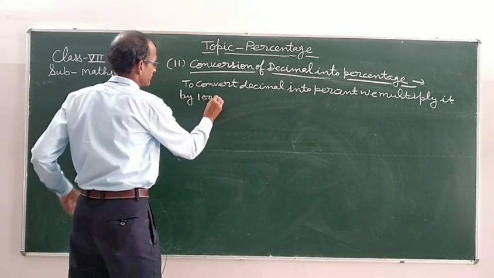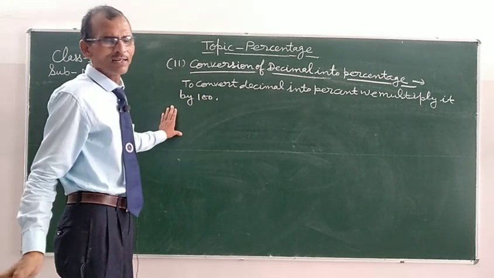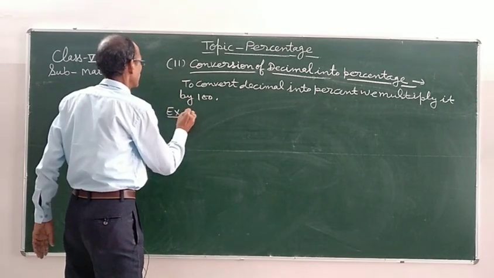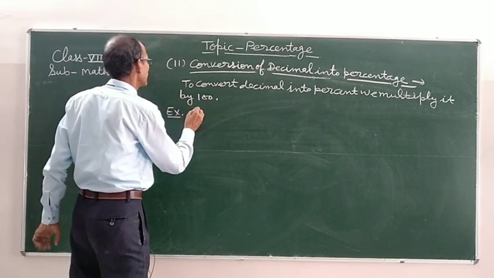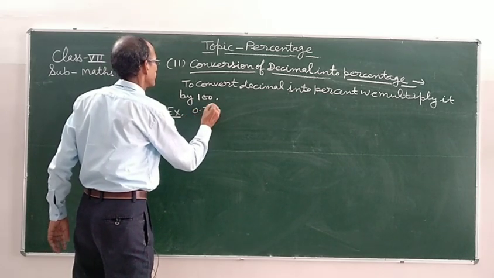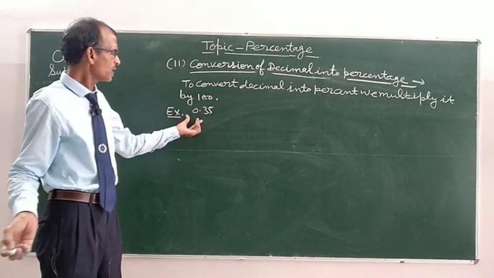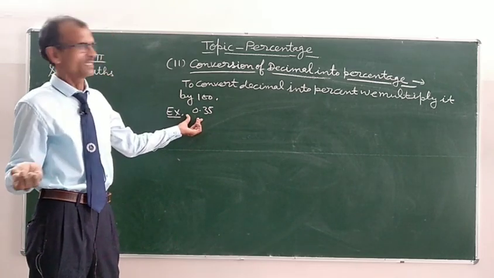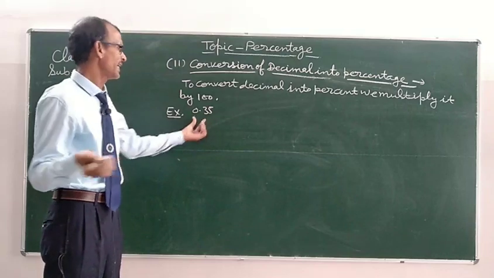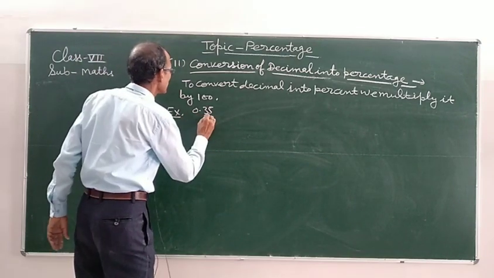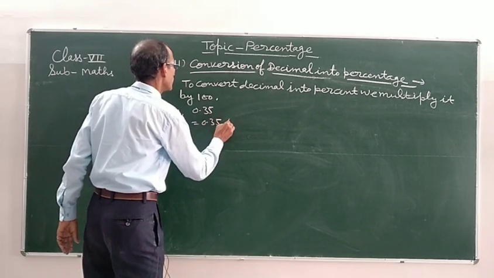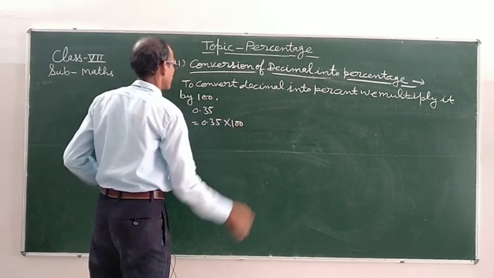Okay. For example, suppose we have a decimal number 0.35, and we have to convert it into percentage. Then we multiply this given decimal number by 100. This is equal to 0.35 into 100.